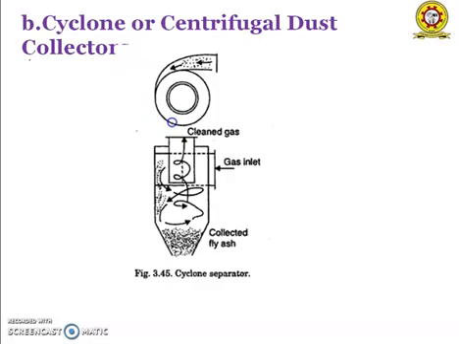The cyclone is a separating chamber wherein high-speed rotation is generated for the purpose of centrifuging the particles from the carrying gases. Usually there is a downward flowing vortex, which in turn becomes an inward flowing vortex.